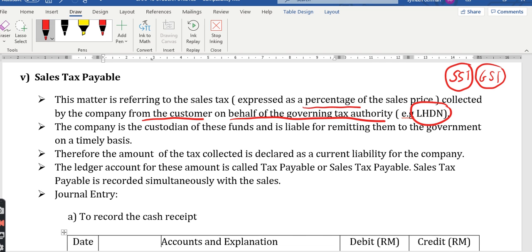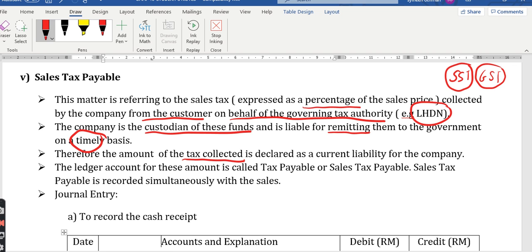So the company is only keeping the money. It is actually the custodian of this amount. You are only keeping the money for a certain period of time before remitting it to the government on a timely basis. Normally it's once a year or maybe twice a year. So the amount of tax collected is actually a liability to you, because you need to pay it to the government, but the money is first paid to you, included in the sales price.